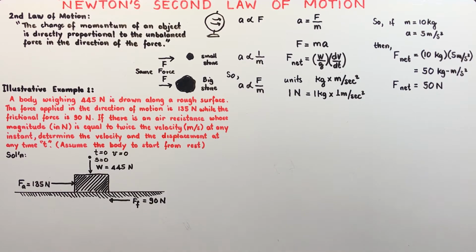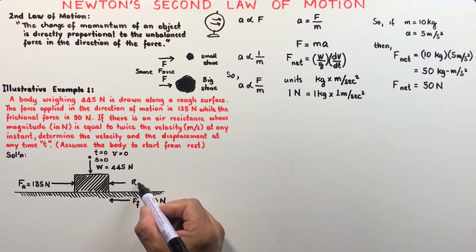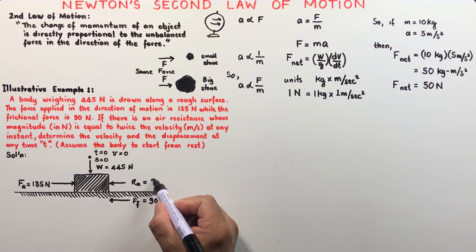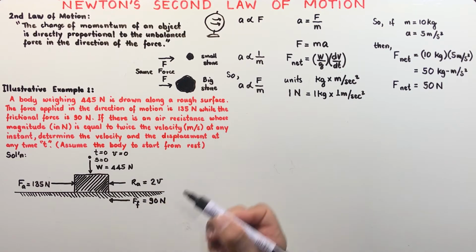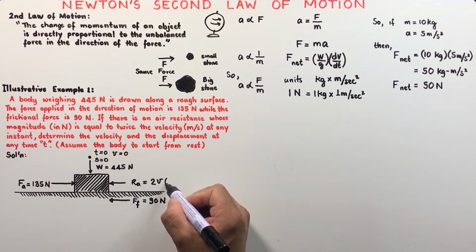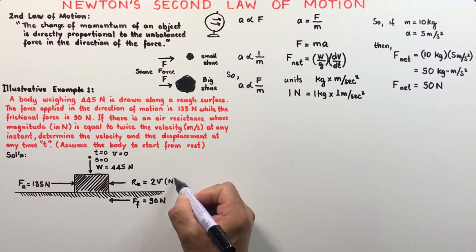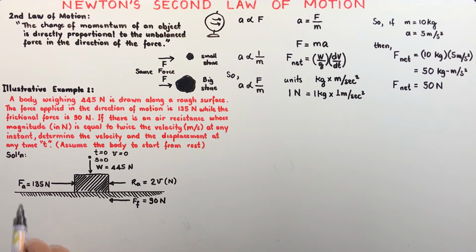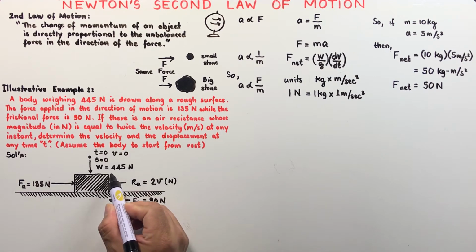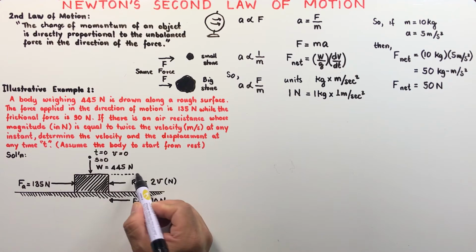Also, it is given in the problem that there is an air resistance equal to twice the velocity of the object at any instant. This air resistance must also be in Newtons. And because the force applied is greater than the frictional force, and of course greater than the air resistance, the object moves to the right.